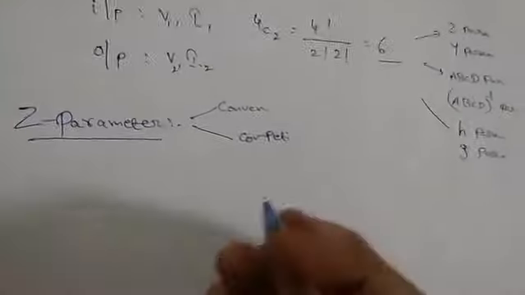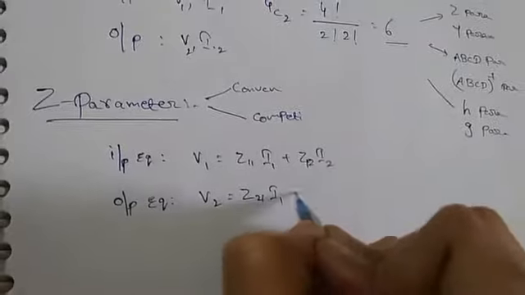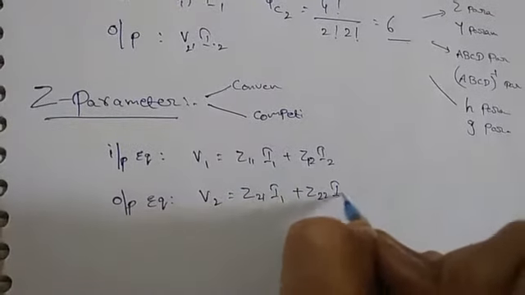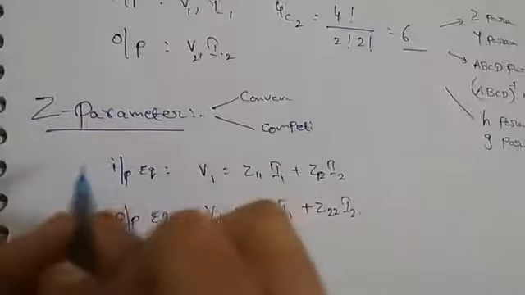Please observe here. For Z parameters, the input equation will be V1 equals Z11 I1 plus Z12 I2, and the output equation, V2 equals Z21 I1 plus Z22 I2. So this is the input KVL, and this is the output KVL.